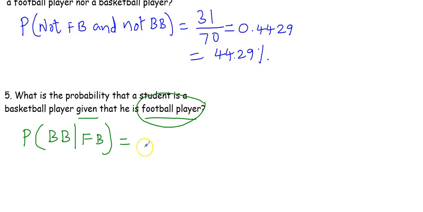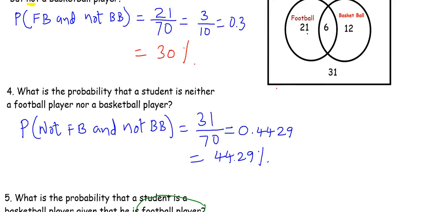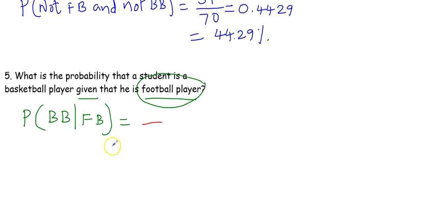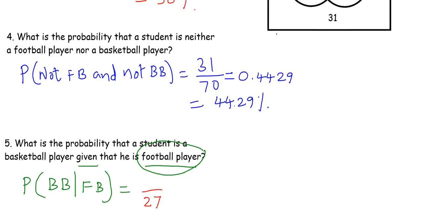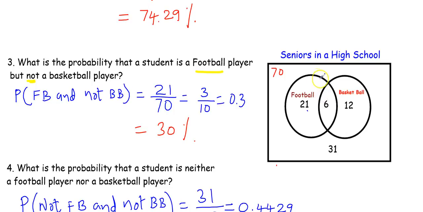So in the denominator, I have to write the total number of football players. There are 27, we saw just now: 21 plus 6, that is 27. In the denominator I have 27, and in the numerator we are looking for the basketball players out of these football players.